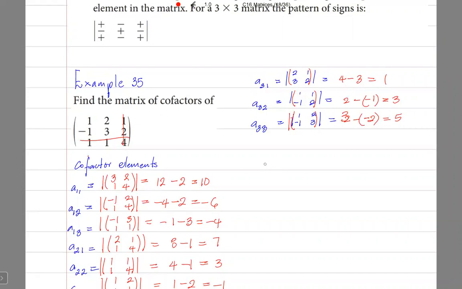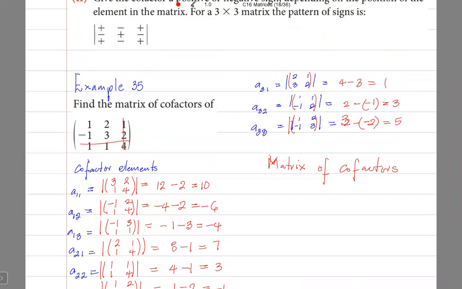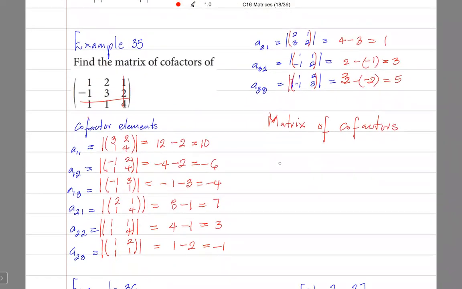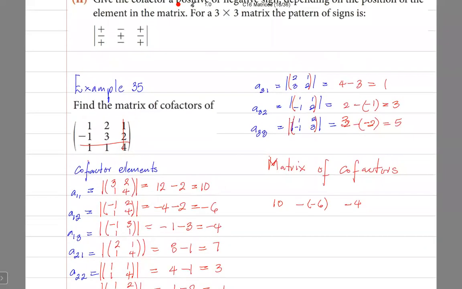So the matrix of cofactor, following the sign convention, positive, negative, positive. So in my 3 elements, this is positive 10, minus 6, positive 4. Then for the second row the sign convention is negative, positive, negative.